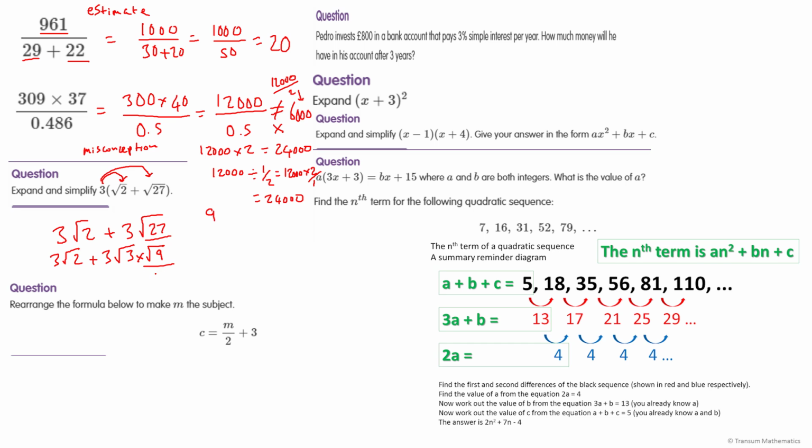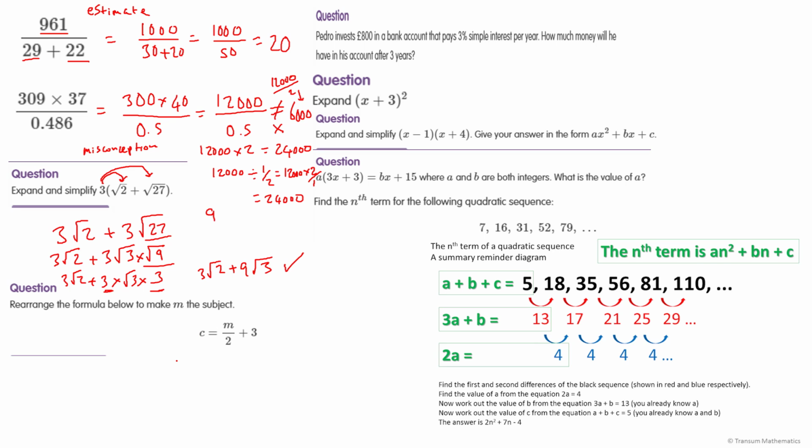So this simplifies to 3. So you're going to have 3 root 3 times 3 plus the original 3 root 2. So with this BIDMAS, we can only multiply like terms, so that becomes 9. So you then get 3 root 2, which stays the same, plus 9 root 3, and that is the answer.